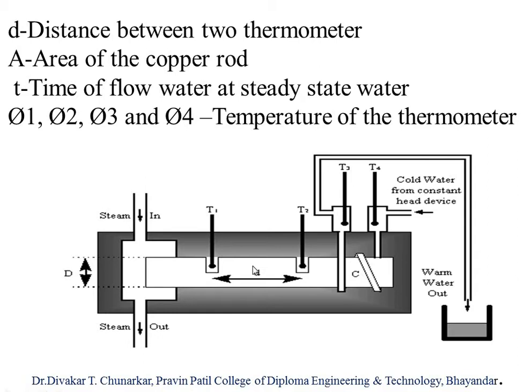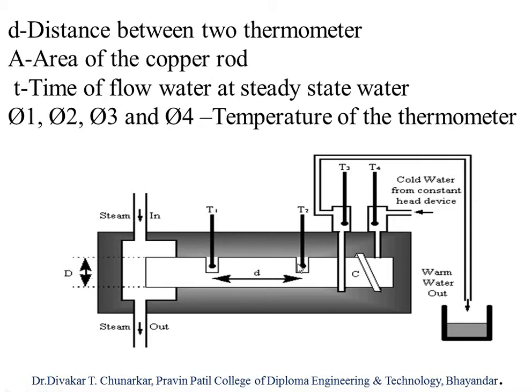Thermometers T1, T2, T3 and T4 are connected to the rod. This is the water chamber, with an outlet line and an inlet.